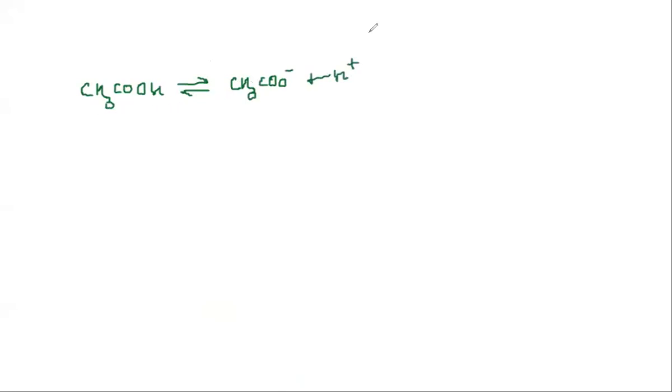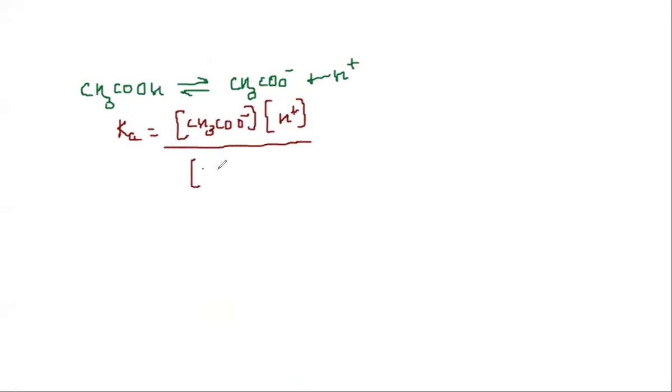Write the dissociation constant. Ka is equal to the concentration of CH3COO minus, acetate ions, into the concentration of H plus, that is protons, divided by the concentration of CH3COOH. Now I need to find the initial concentration of acetic acid.